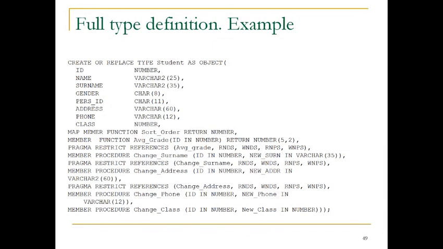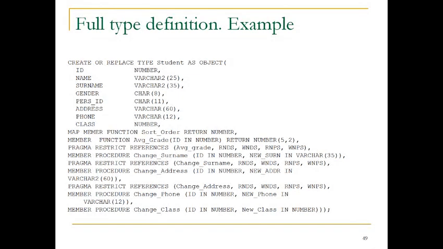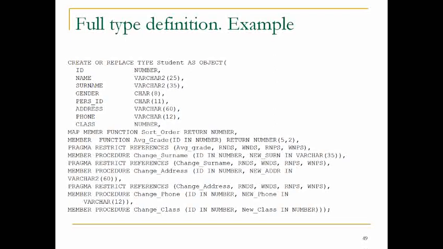Member function average grade, which calculates the student's average grade. We want to allow it to do some things, so we specify these purity levels. Member procedure change surname, again the same with purity levels and so on. That's the way we define this in the type definition.